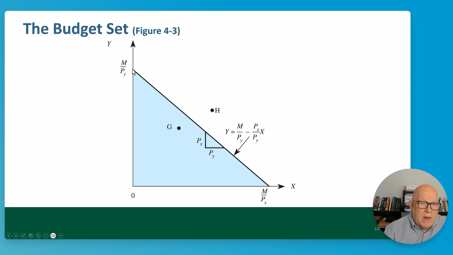And so the budget set is going to be this straight line between those 2 points. It basically tells us what proportion of X and Y we can buy given the limited amount of budget that we have total to spend.